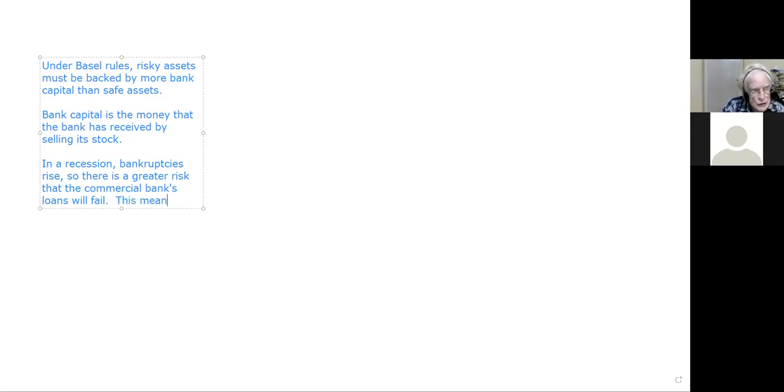So this means that under the Basel rules, the commercial bank has got to provide more money, more bank capital per dollar of risky loans. When I say that it is backing the risky assets, I mean that it is holding more money in reserve.